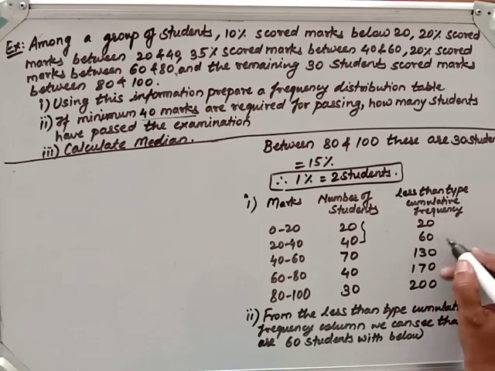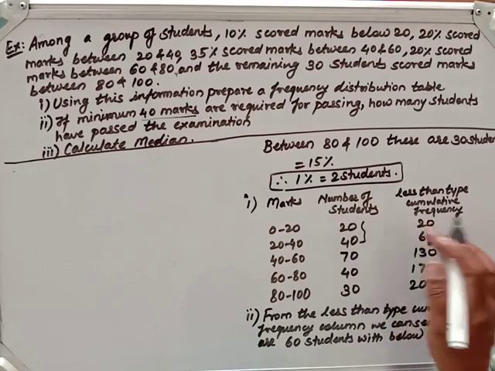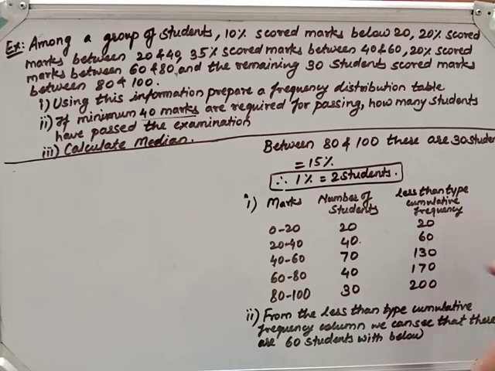This value is the addition of these ones, which gives below 40 marks. Therefore 200 minus 60, that is 140 students. 140 students passed the exam. This is the answer here.